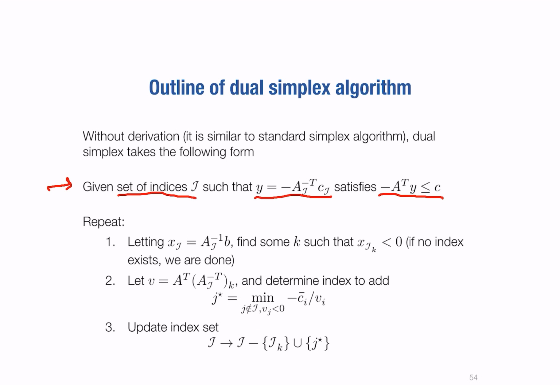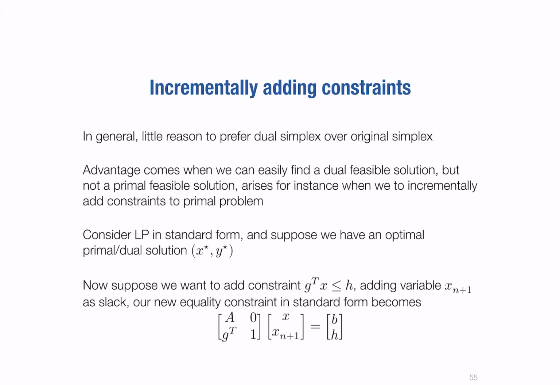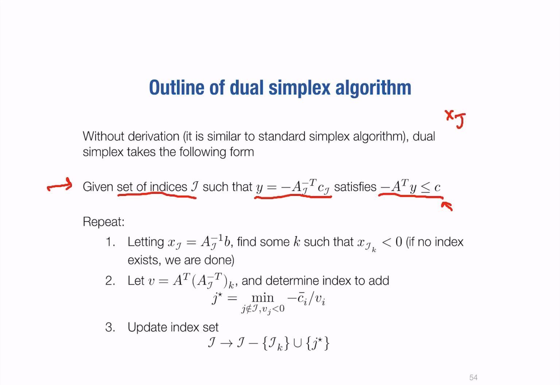Now, of course, how do you find that first feasible solution? Well, that was the same problem, for example, in the primal simplex, of how we found some basis J such that our resulting x was greater than or equal to 0. It turns out that in the general case it is equally hard to find this as it is to find the case where x subscript J equals A subscript J inverse b, which in our primal case had to be greater than or equal to 0.